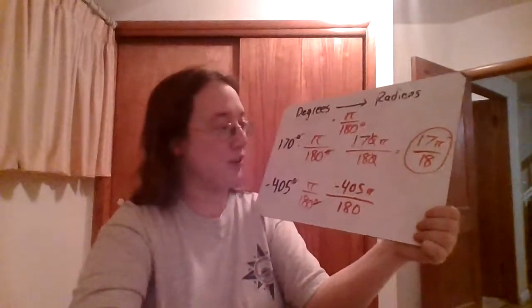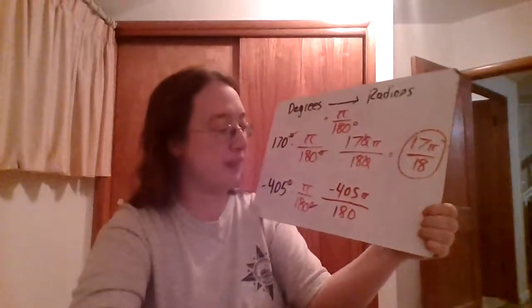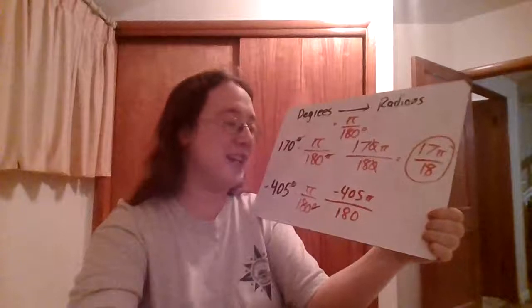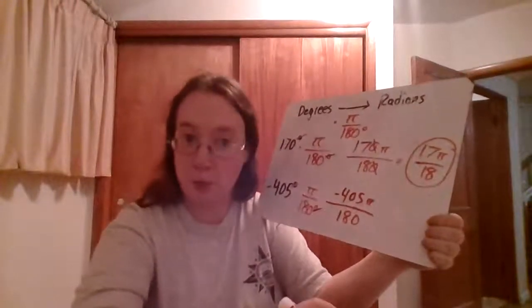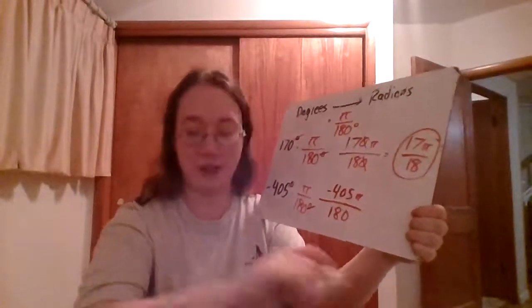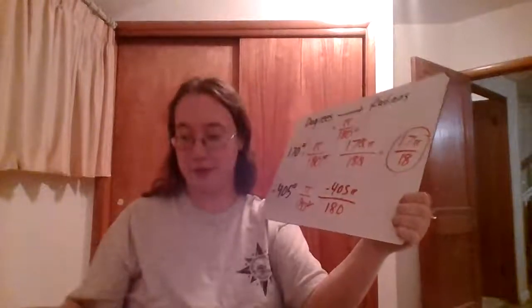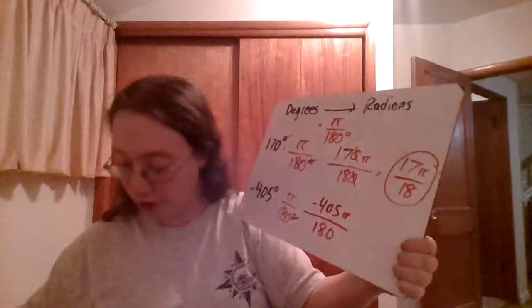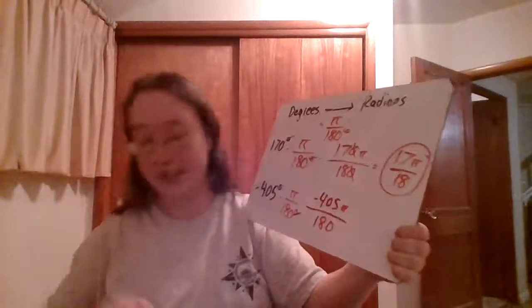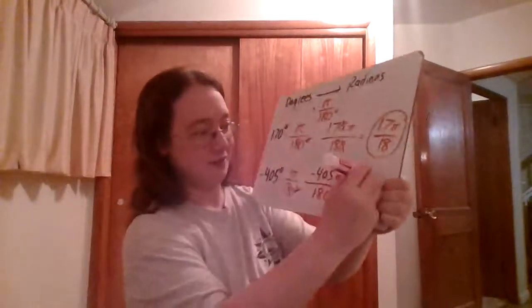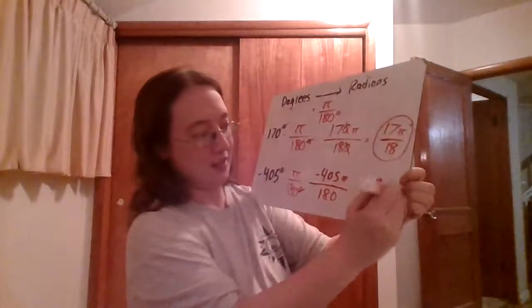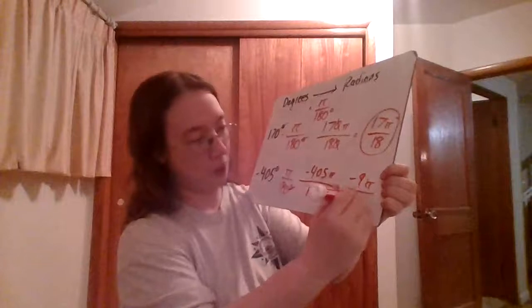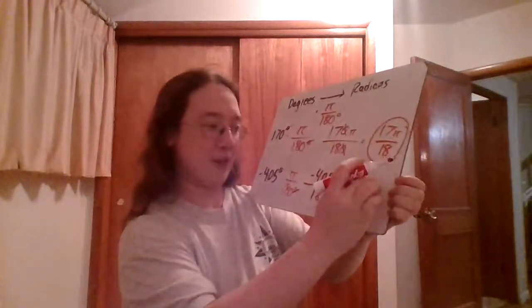And then we're going to reduce that, so we're looking for the biggest thing that goes into 405 and goes into 180, and if you happen to see 45 right away, you can save yourself a little bit of time. If you don't happen to see 45 and you just keep going down a little bit at a time, that's fine, but if you happen to know that 405 divided by 45 is 9, and 180 divided by 45 is 4, you can save yourself a little bit of time.